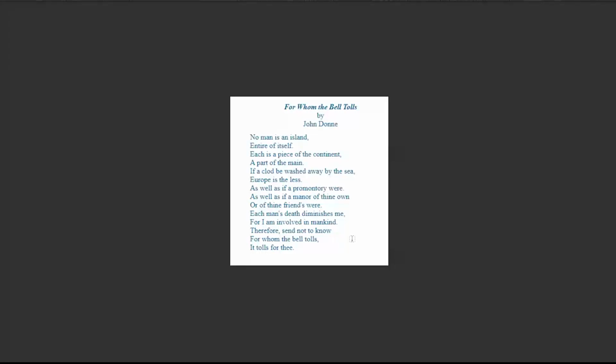Okay, yeah, it's in the universal sense. We're all part of humankind, right? So each man's death, every death, diminishes me, for I am involved in mankind. Don't ask who the bell's tolling for when you hear it for a funeral. It's tolling for you.